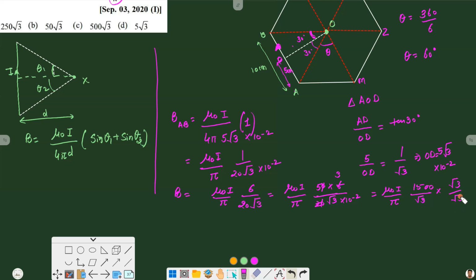So root 3 into root 3 is 3, and 1500 divided by 3 is 500. So it will be mu naught I by pi into 500 root 3. So this will be the answer in units of mu naught I by pi, and that is our option C. So option C will be the right answer here. Now moving to the next one.